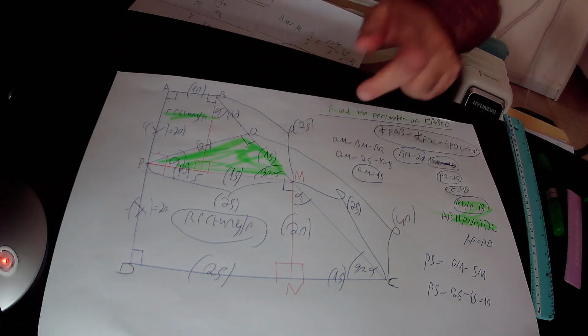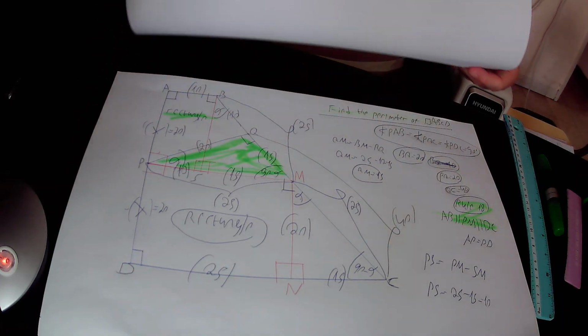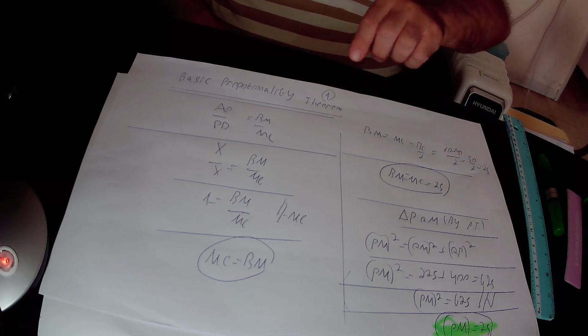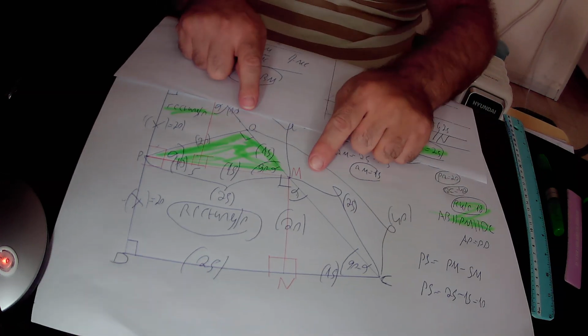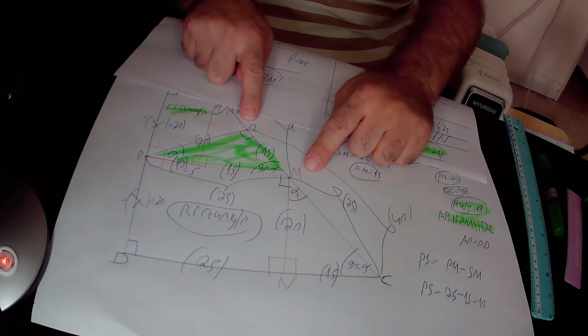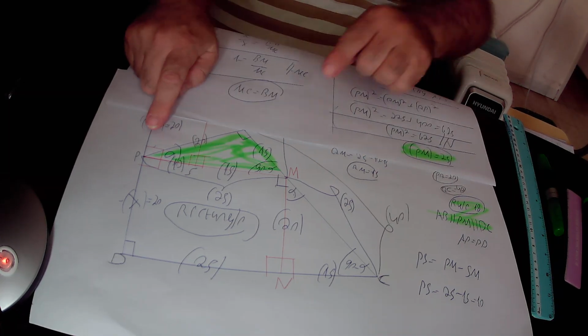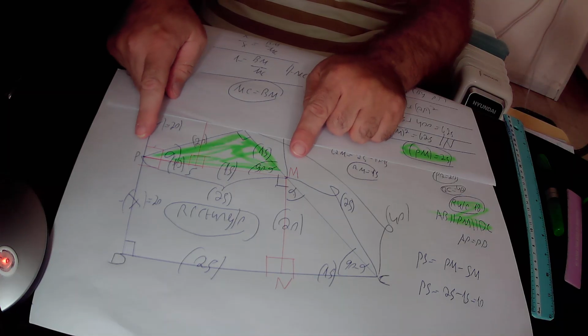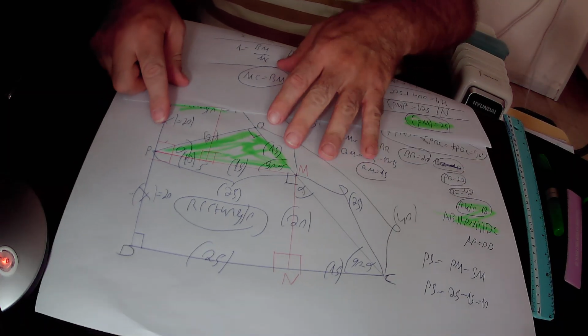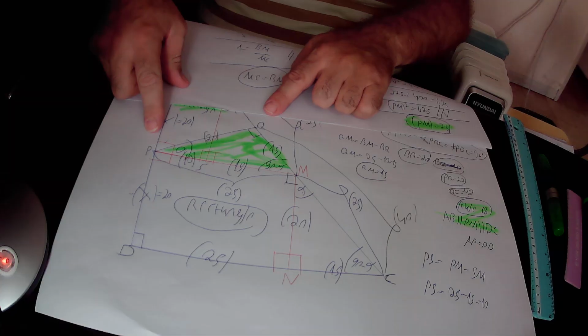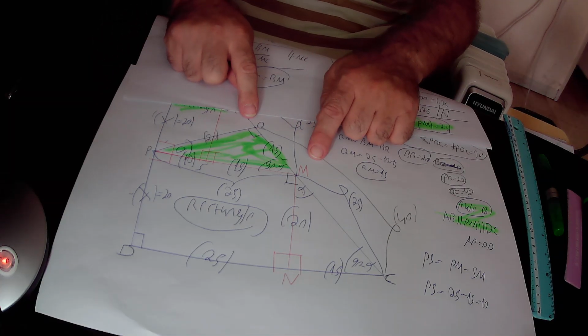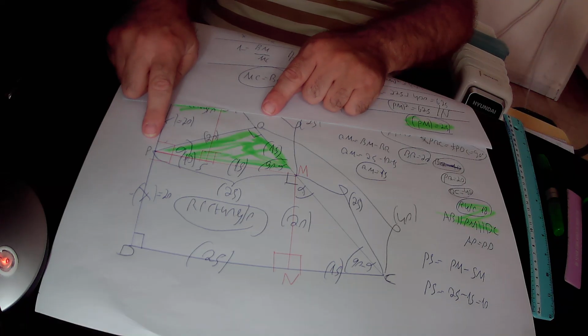PM is the missing side, so leave it as it is. PM squared equals QM squared. QM is 15, therefore QM squared is 15 squared, that is 225, plus PQ squared.